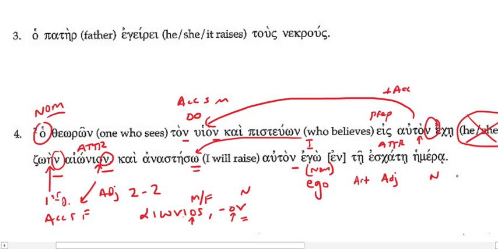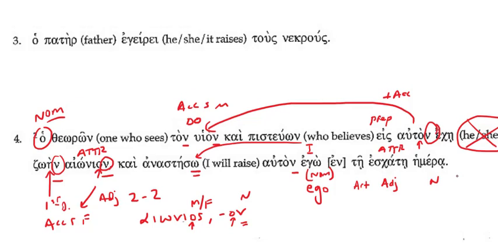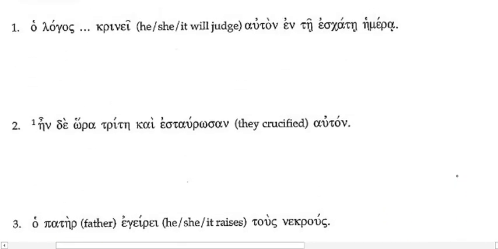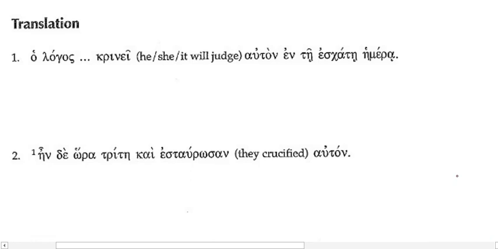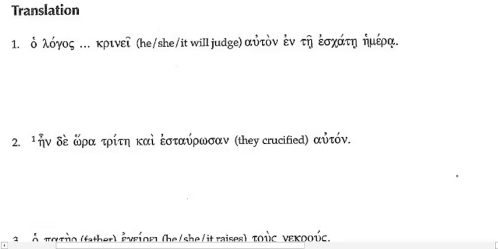Okay, good. Number one, this is super small, but he puts "in" instead of "on." Is that because it's a different form, or a different type of adjective? On number one, the word will judge him. He put "in the last day," and I put "on the last day." I think either of those are fine.